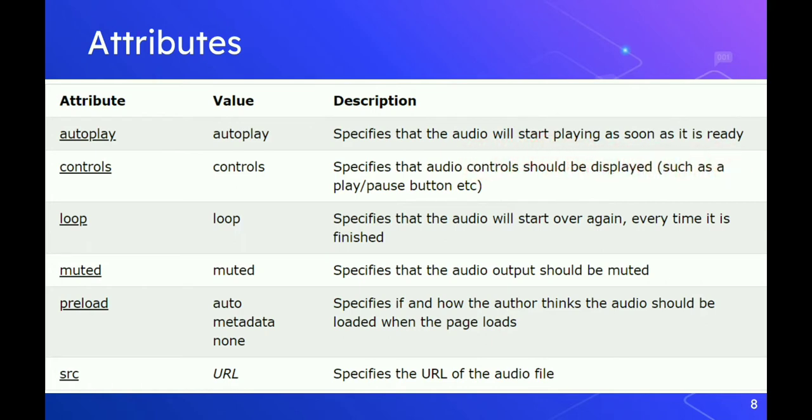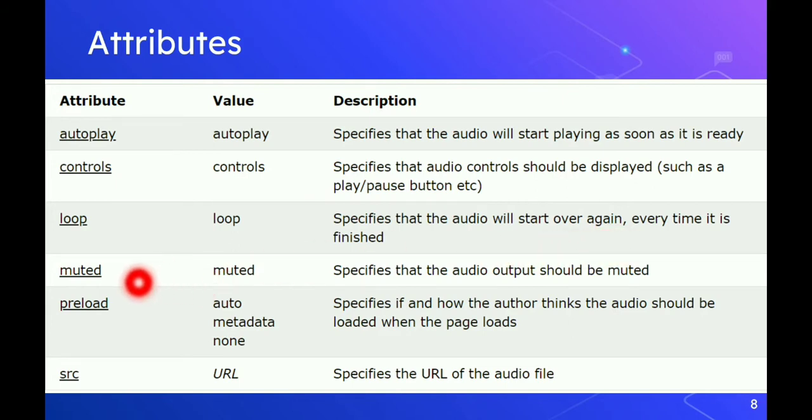Whenever you load that particular HTML page in the browser, it will automatically start playing. Fine. After that we have the controls attribute. If you want to show controls such as play and pause buttons on your audio file, you can use this attribute. Loop specifies that the audio will start over again every time it is finished.